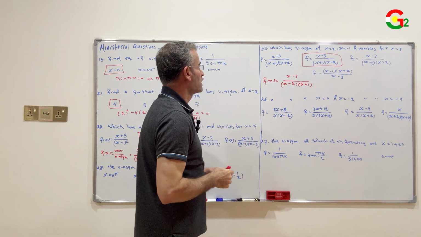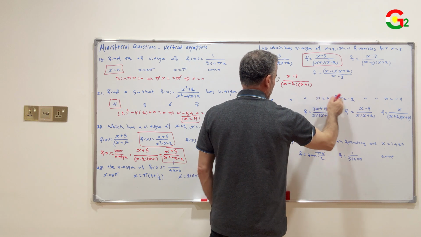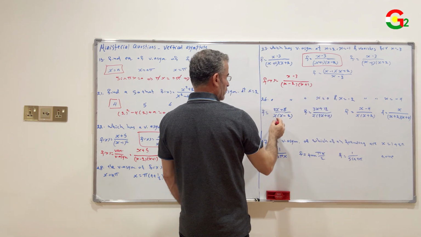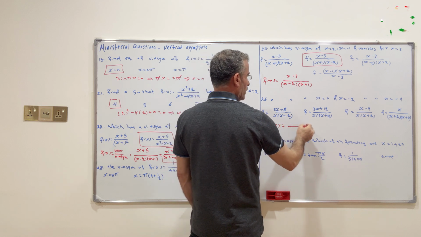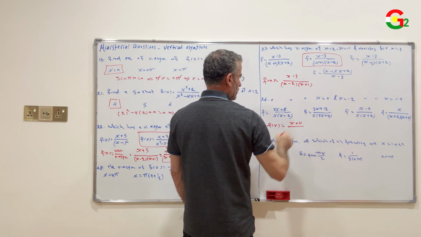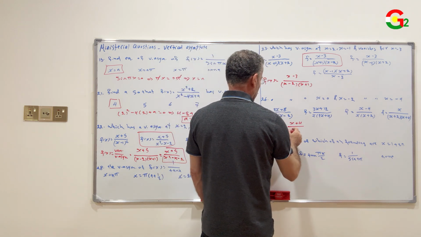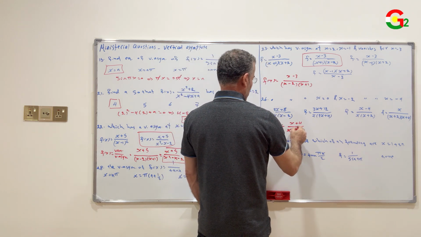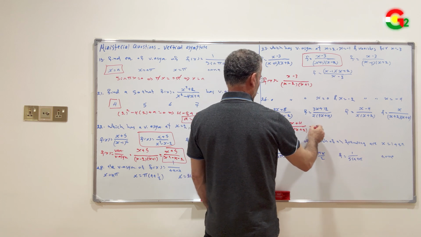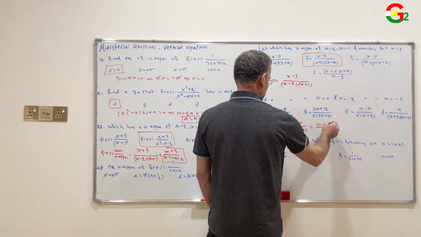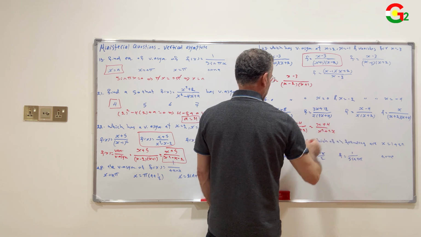Question number 26. Which function has a vertical asymptote at x equals 0, x equal negative 2, and vanishes for x equal negative 4? It means x plus 4 in the numerator and x times x plus 2 in the denominator. The function is x power 2 plus 2x.